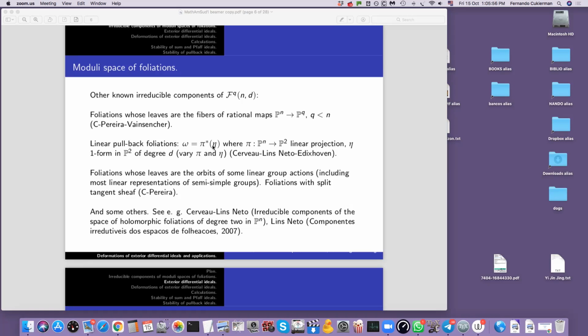And as we vary pi and eta, we get an irreducible family of integrable forms. And it is a theorem of Cerveau, Lins Neto, and Bassan Eriksen that this family, again, is complete for linear projections, okay? One can do this also for maps from Pn to P2 which are non-linear, okay? Also, there is a similar result in such a case. So this is another example of a component which is different from this one.